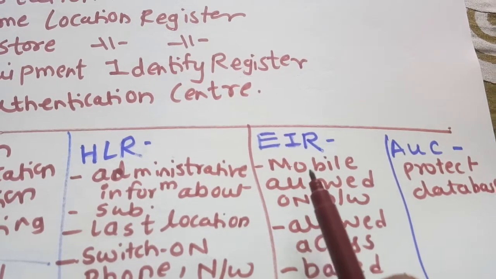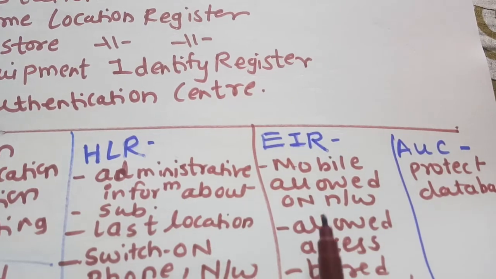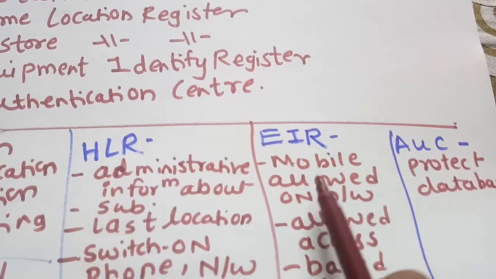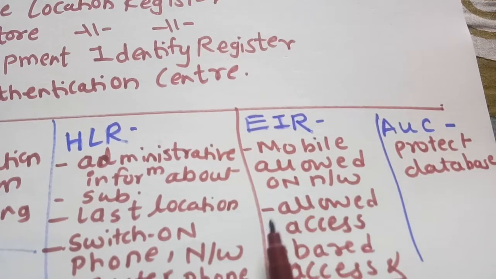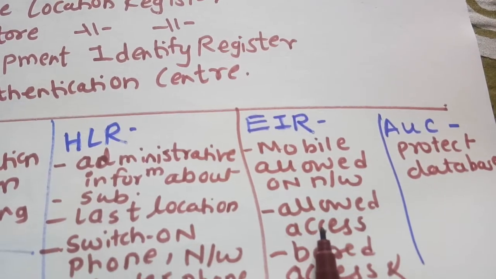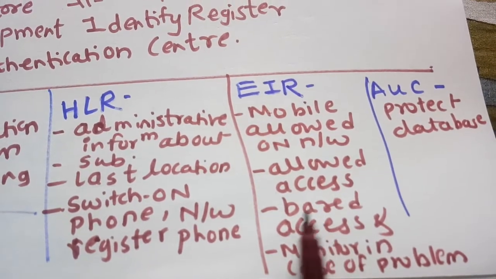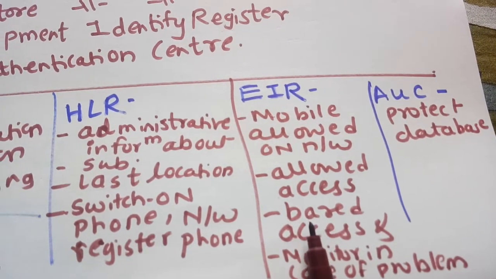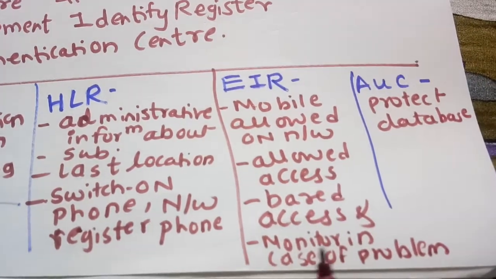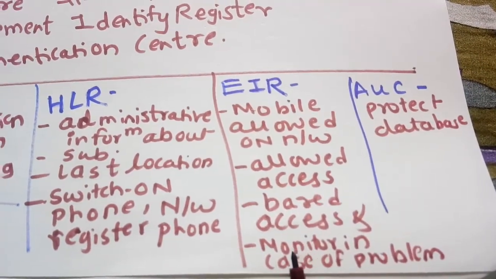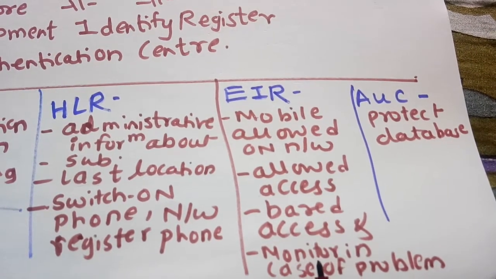First it checks that the mobile is allowed to use the network, then it allows the access, then it bears the access. It makes the mobile service continue with the call, and then monitors in case of problems. If your call is not able to sustain, that problem is monitored by the EIR.